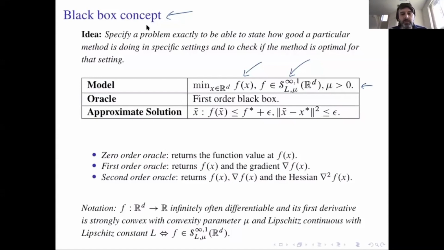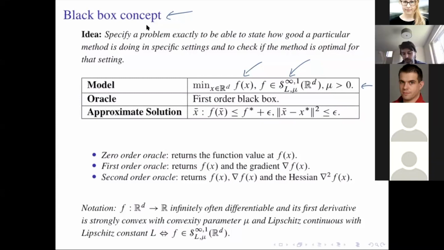Essentially the oracle describes what information the algorithm has available. Here is the so-called first order black box. I've scribbled down the different oracles below in these bullet point lists. We have the zero order oracle, which returns the function value f(x) itself.